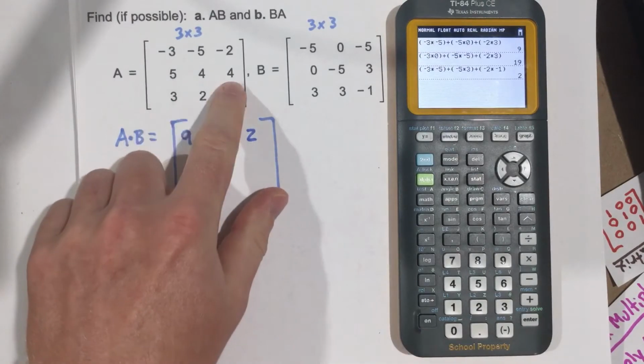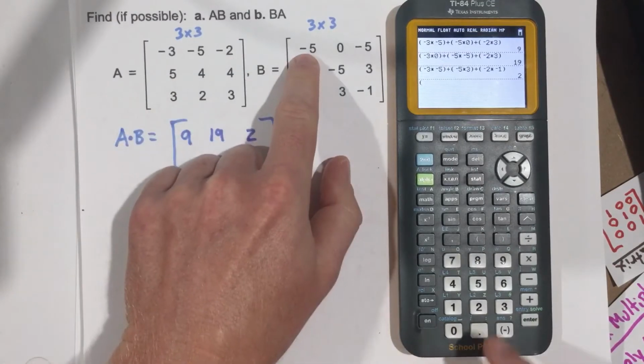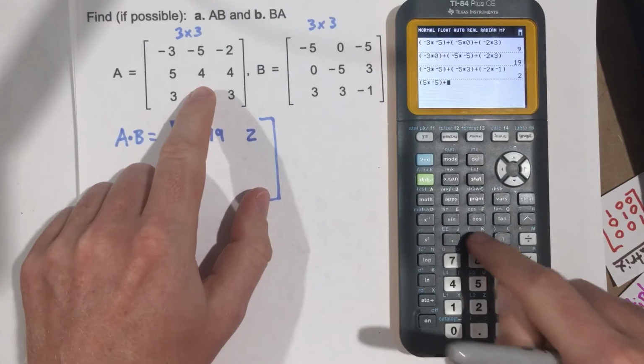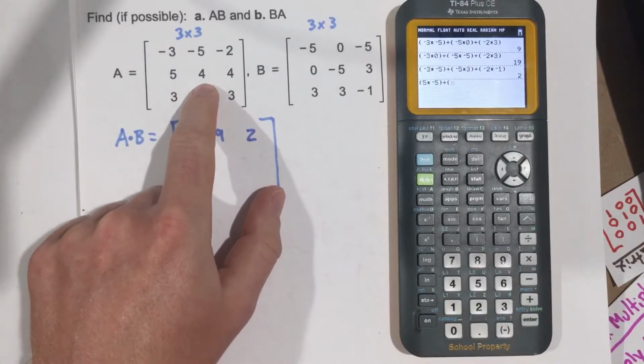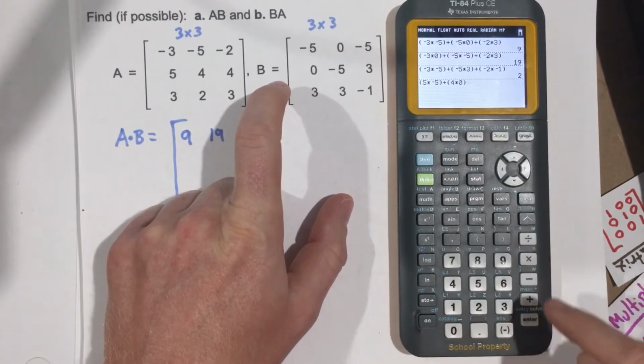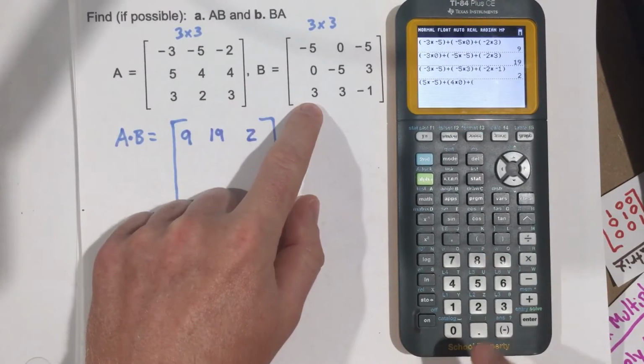Now we go to the middle row times the first column. So we've got 5 times negative 5 plus 4 times 0 plus 4 times 3.